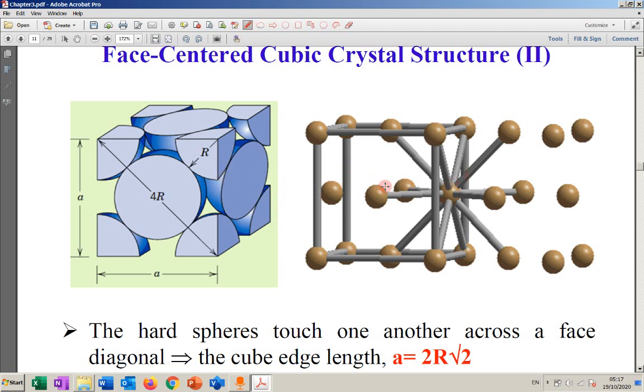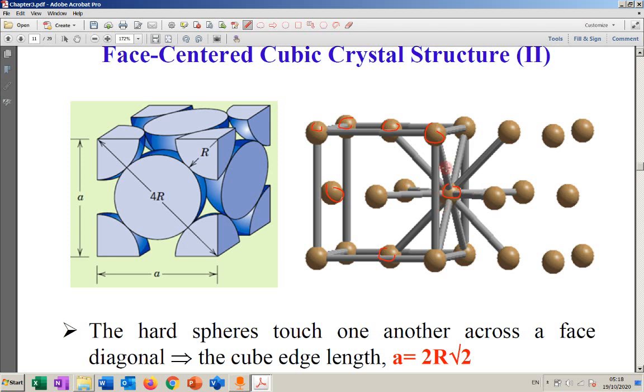This is what we call a face. Look, this is easy to know that this is the face. This is the face, and this is the face. We have 6. And at the corner, we have one atom at each corner, and one at each face.